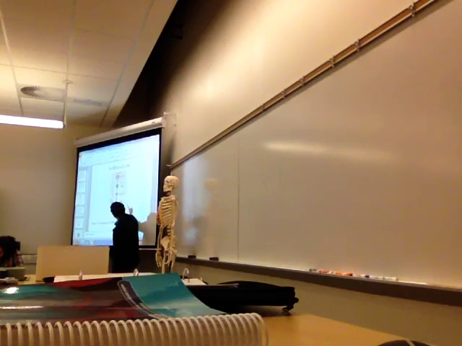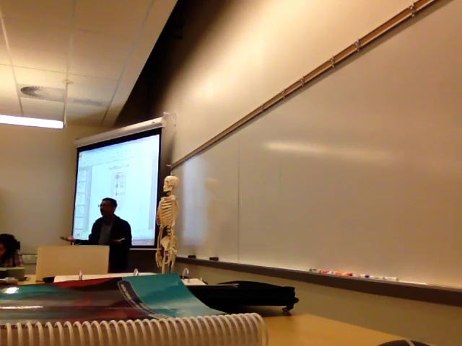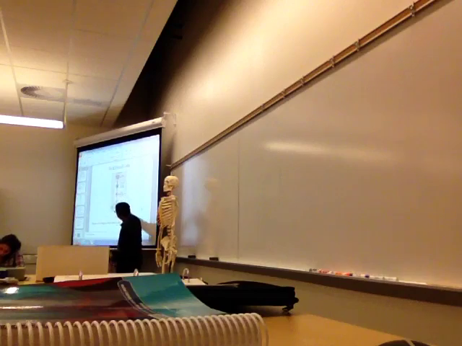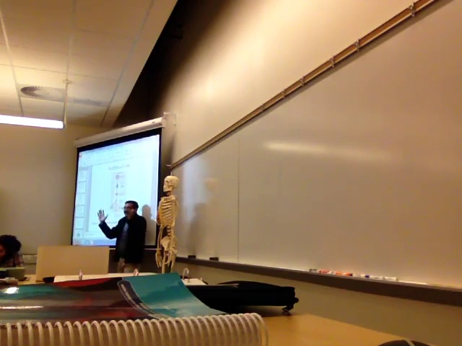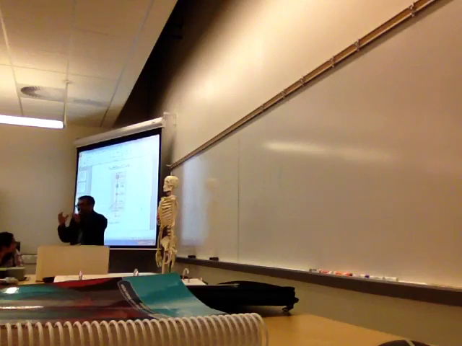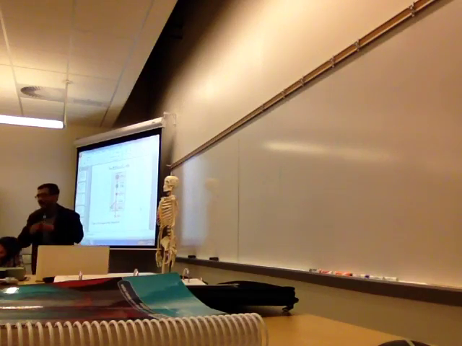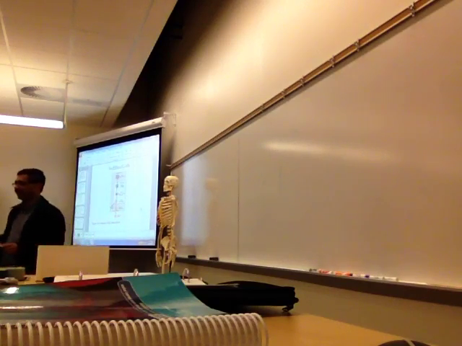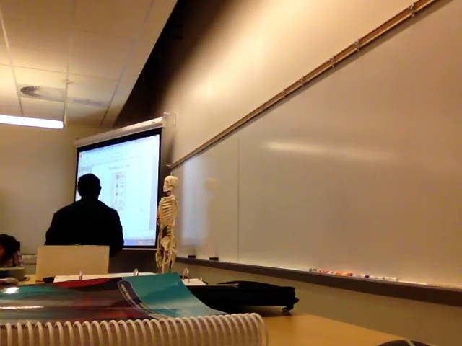Then normoblast. Normo indicates normal. Why is it called normoblast? The size of the red blood cell is now very close to the size of normal mature red blood cells. So it has already got the normal size of a mature red blood cell. That's why it is normoblast.